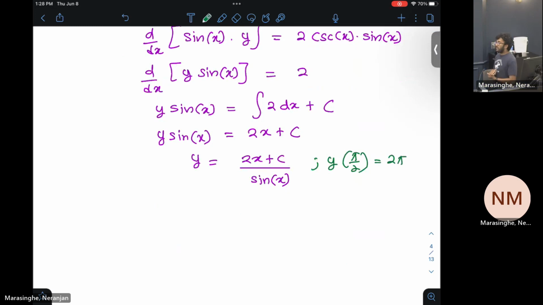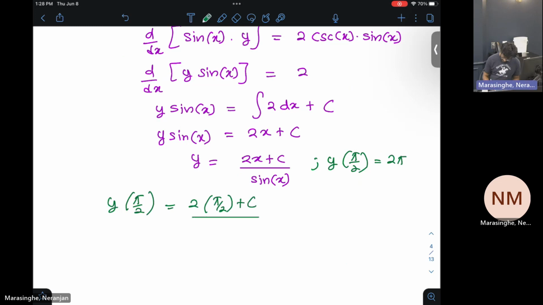Try to use this initial condition to find the constant. y of pi over 2 is equal to 2 times pi over 2 plus c, divided by sine pi over 2. This is equal to 2 pi.